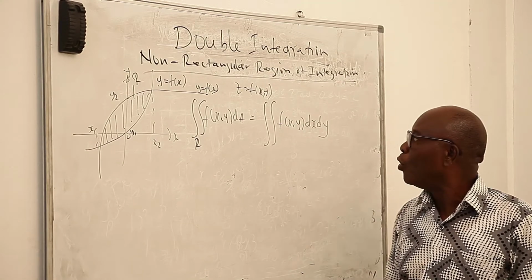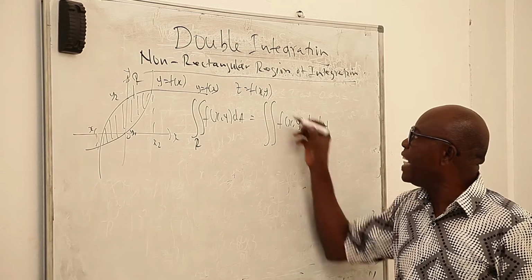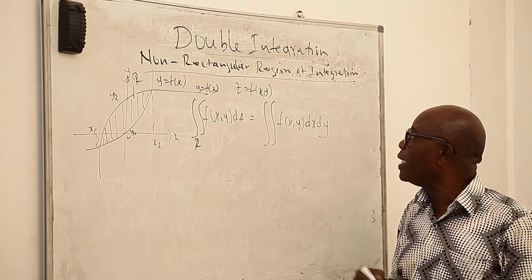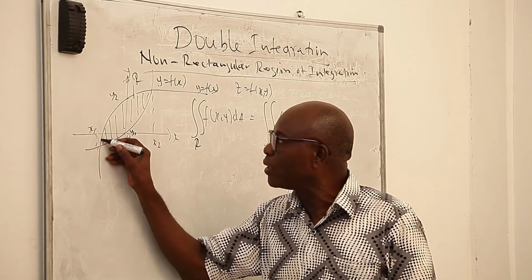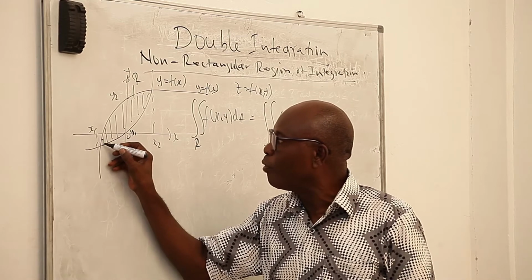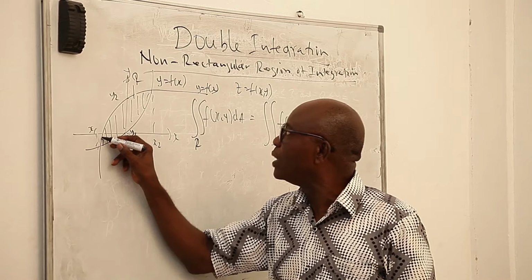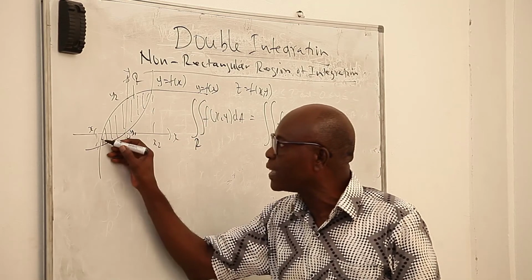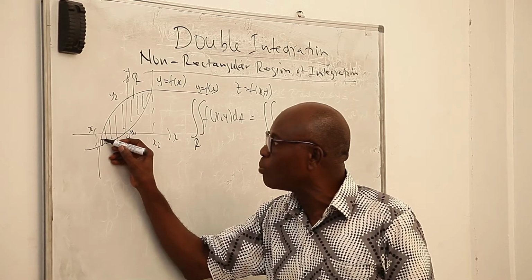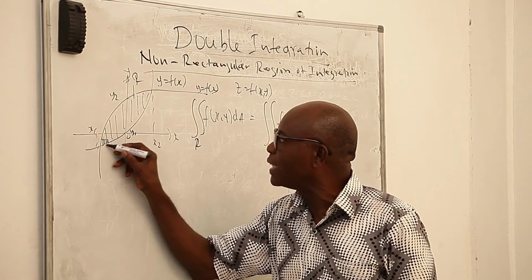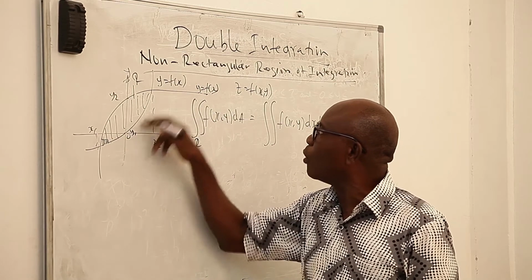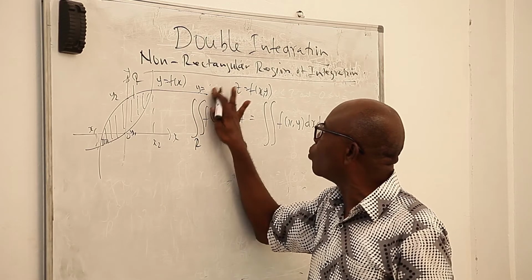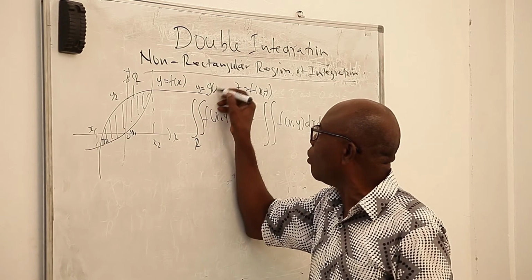So the inner integral, we are moving the strip along the x-axis. We start this strip from this curve, y equal to f of x, and move the small strips up to the second curve, y equal to g of x.